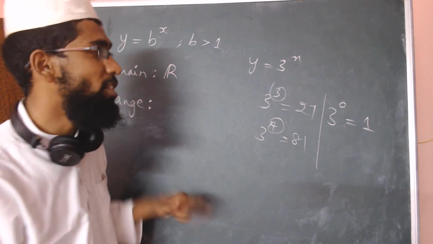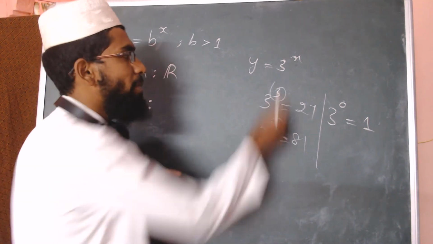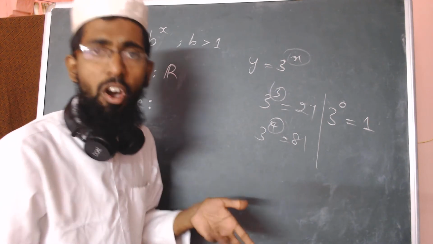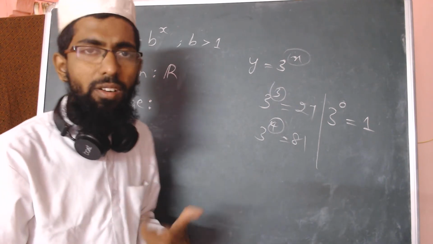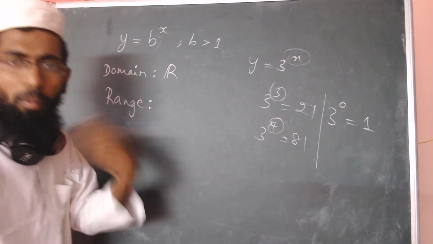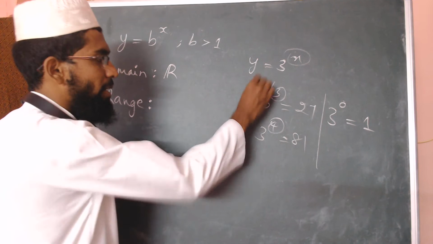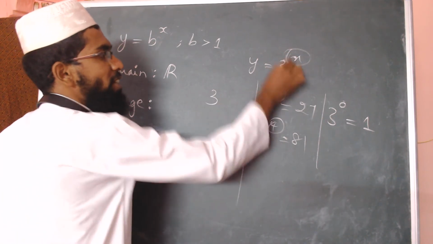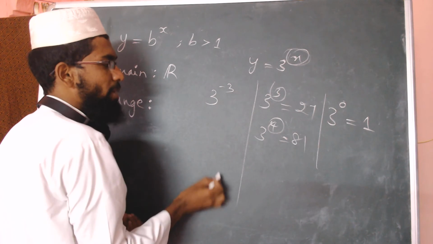What if I substitute a negative number? If I substitute a negative number in the place of x, will the final answer be negative or positive? I told you that the range will be all positive numbers. Let me make it clear. If I put minus 3, what is 3 power minus 3?